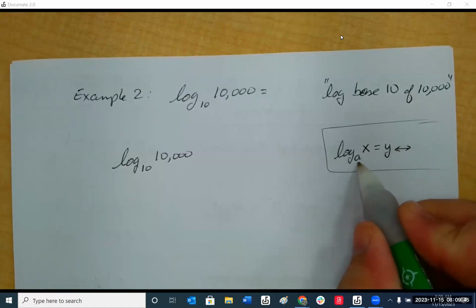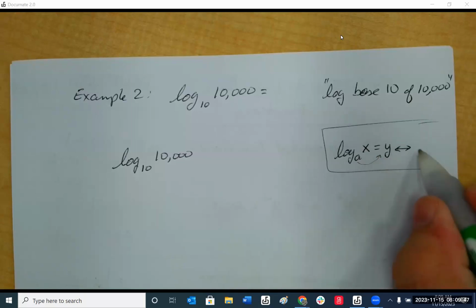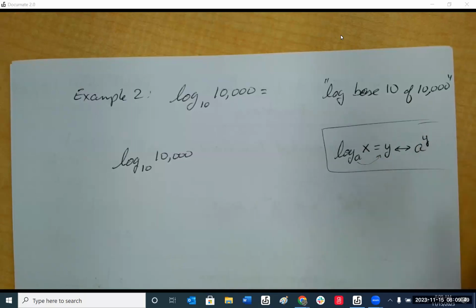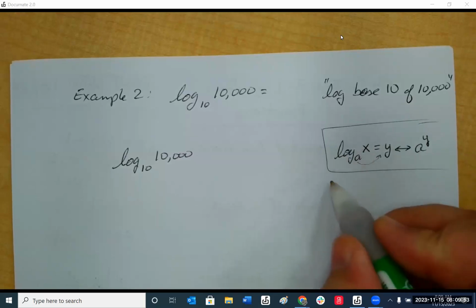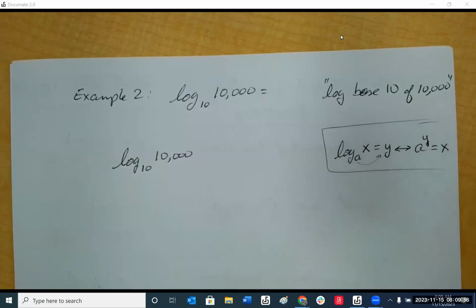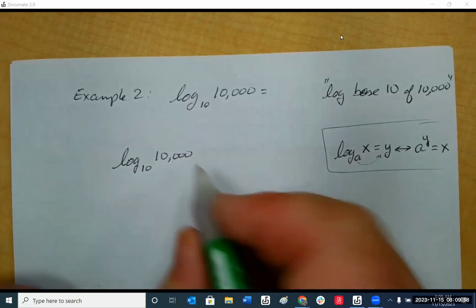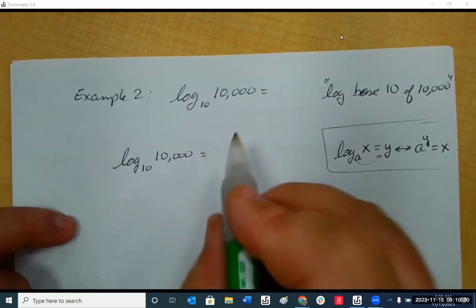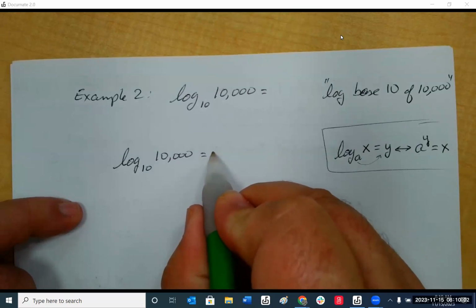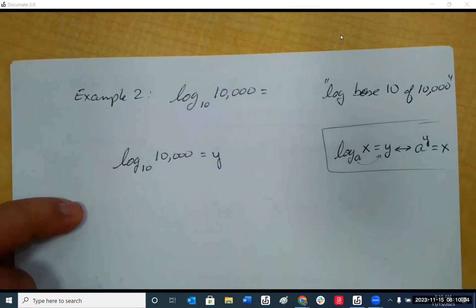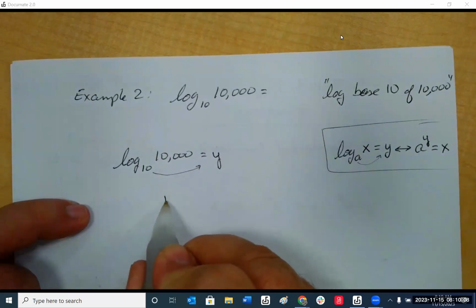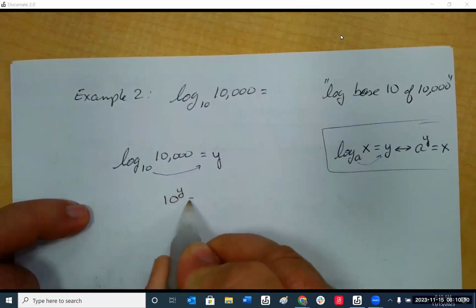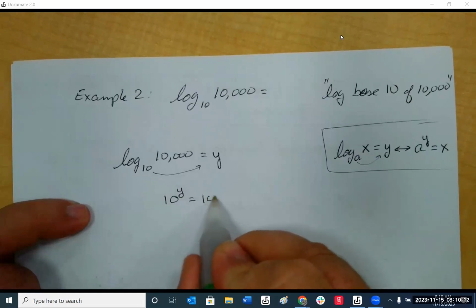The a comes and pushes the y up, and it stays the base. The log drops off, equals x. Since we don't know what this equals, we have 10 to the power y equals 10,000.